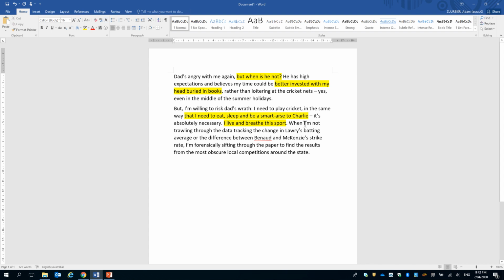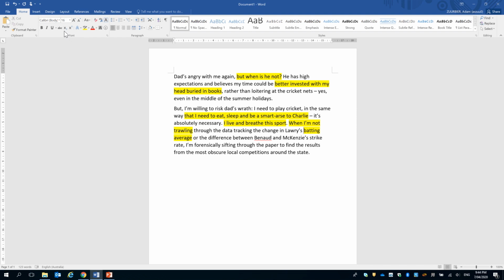So let's discuss the language features and the content of what I've just written. When I'm not trawling through the data, tracking the change in Laurie's batting average, or the difference between Benno and Mackenzie's strike rate. So trawling through, that's a metaphor. Through the data, tracking the change in Laurie's batting average. There's some very specific cricket terminology here, and that is reflective of his voice, because he's an individual that is obsessed with cricket, and because of that, in this internal monologue, we need to reflect that register of language.